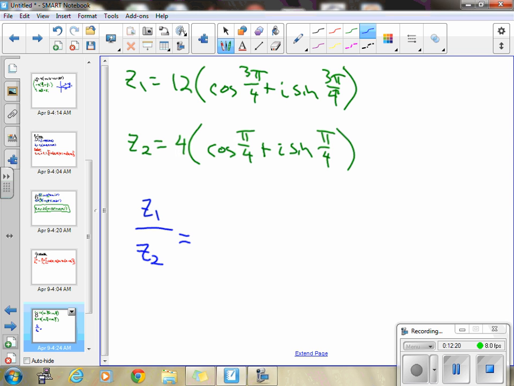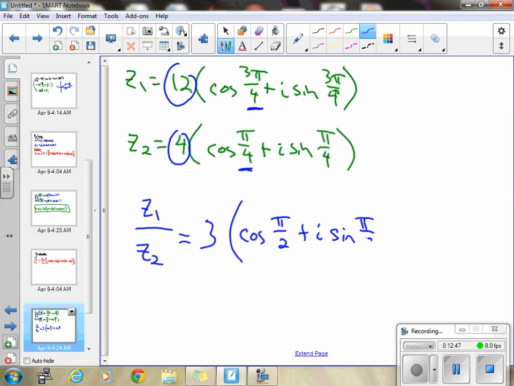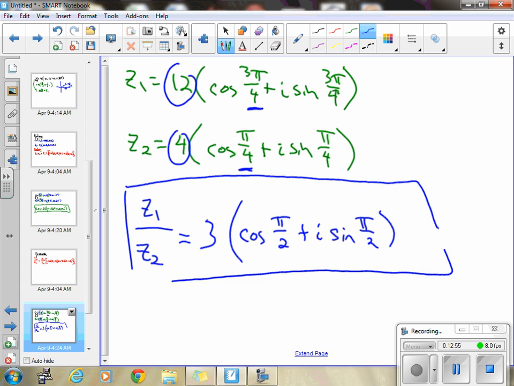So when we do our quotient, z1 divided by z2, in front we're going to take 12 divided by 4. That's going to give me the number 3. Inside here, I'm going to take the cosine of 3 pi over 4 minus pi over 4. Thankfully, they're common denominators. I could quickly change that into 2 pi over 4, which is pi over 2. So I'm going to have plus i sine of pi over 2.